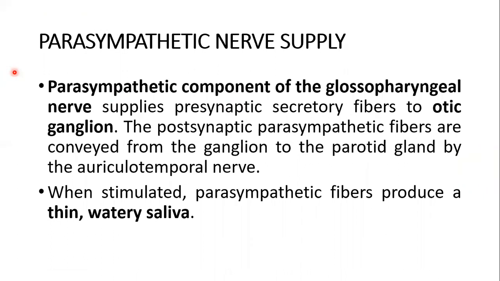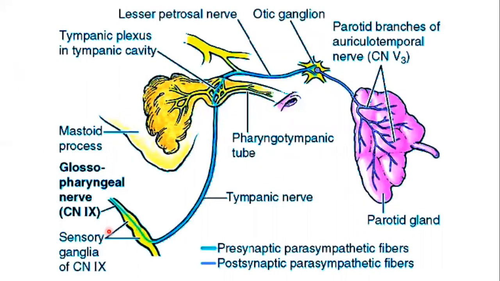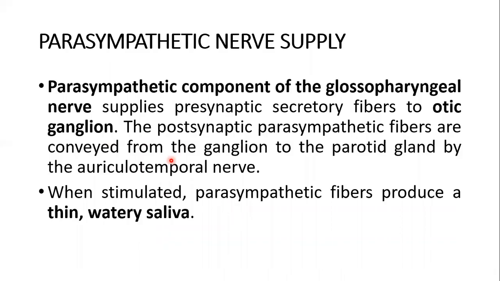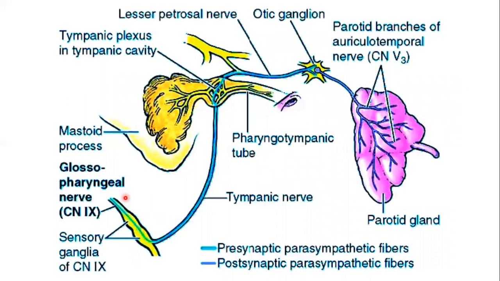So let's see what happens over here. You see this is the sensory ganglia of our cranial nerve ninth. You can see this is our cranial nerve 9, the glossopharyngeal nerve, and the ultimate point is the inferior salivatory nucleus, right?